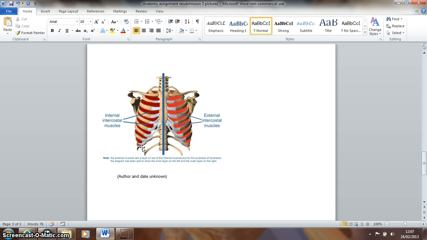And finally is breathing control. This is done by the medulla oblongata in the brain. It is also done by the chemoreceptors found in the main arteries. It monitors the levels of CO2 and oxygen in the body. Therefore, the chemoreceptors will detect if there isn't enough oxygen getting transported to the muscles.